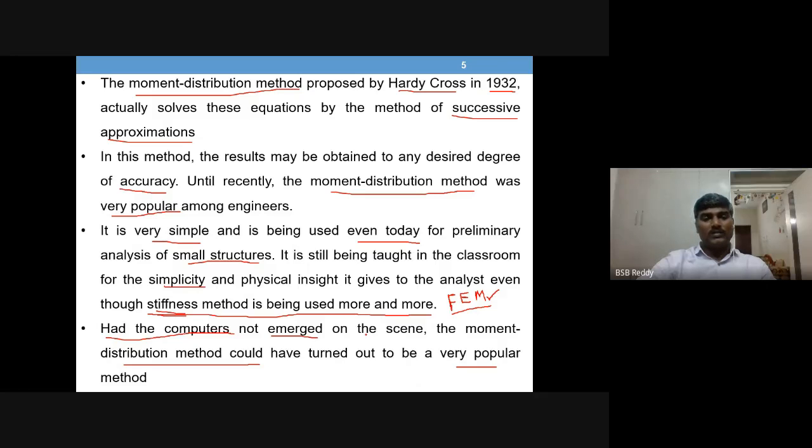So this is the information regarding the moment distribution method: what it is, in what way it is advantageous, why it is still being taught in the class, and what its importance is. The moment distribution method is the method proposed by Hardy Cross to solve the simultaneous equations developed by the slope deflection method, using the distribution process with the help of successive approximations, which made the method very simple in nature.